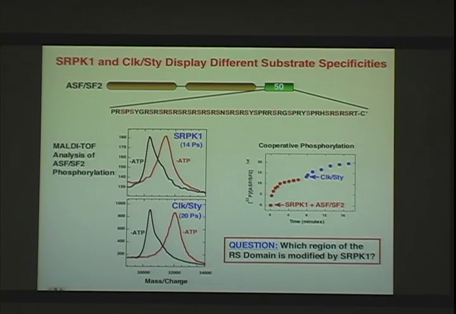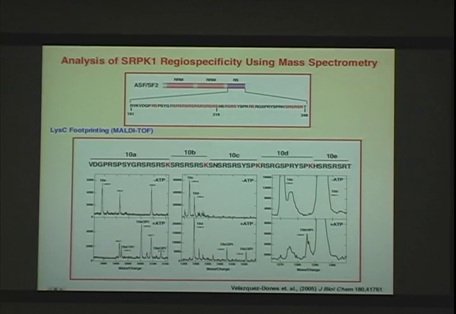So it raises the question: if we have one kinase that's totally indiscriminate and just sees any serine and phosphorylates it, what is this other kinase doing? It must be regio-specific in some manner. This was not at all an easy question to address because you have an arginine-serine rich substrate that you can easily chew up.